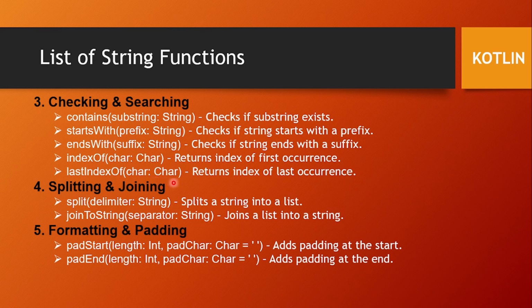Last index of is for checking the last index. For splitting or joining strings or converting them into a list, we have functions like split or join. For formatting and padding, we have functions like pad start to add padding at the start of our string, and pad end for the end of our string.